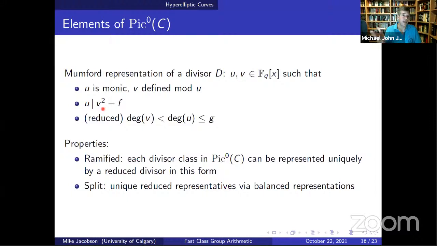And similarly, in the ramified or imaginary model, these reduced divisors in Mumford representation uniquely give canonical representations of elements of the class group. And in the split case, one difference from the number field case is that we can get unique reduced representatives if we go to something called balanced representations. But still, a very close and analogous situation.